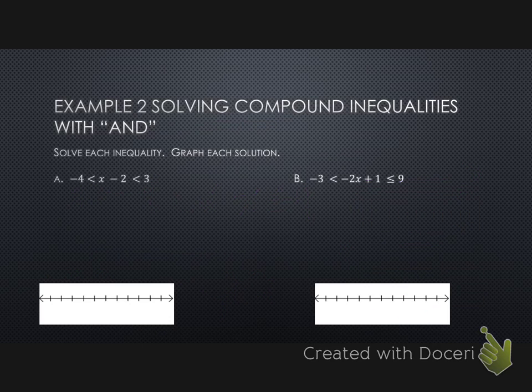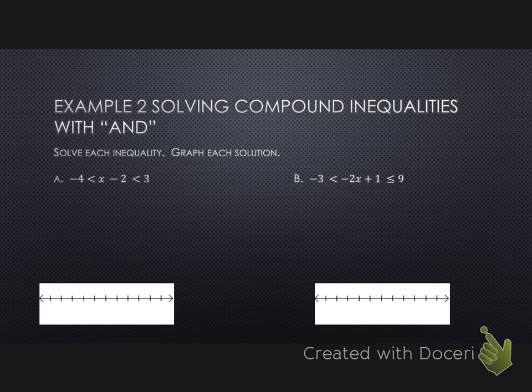Now example 2, solving compound inequalities with the word and. So kind of like that first one with the word and. Solve each inequality: -4 is less than x minus 2, which is less than 3. When we have an and, you can sometimes have it look like this, with the two inequalities together.